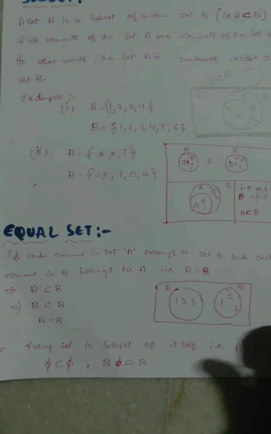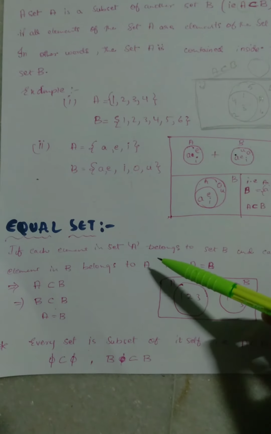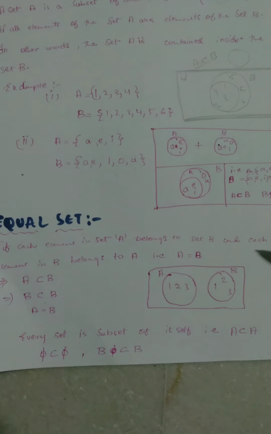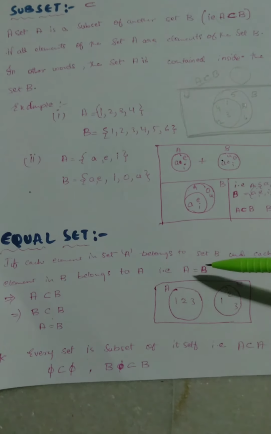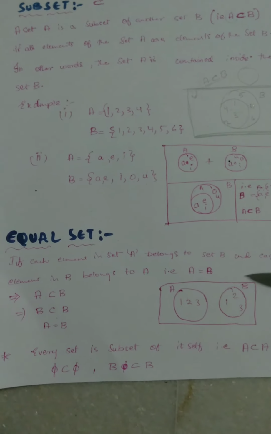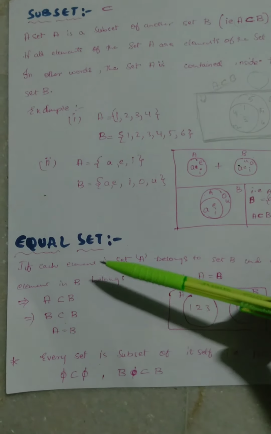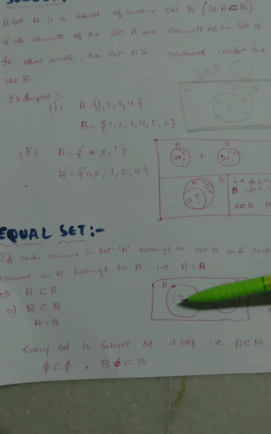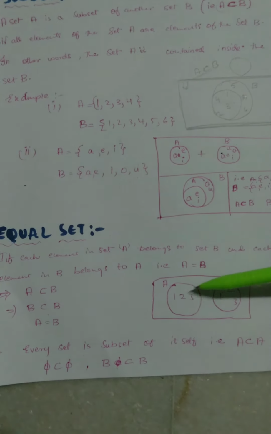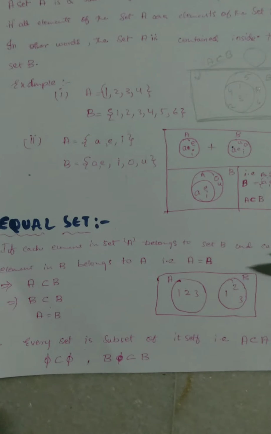Now, equal sets. If each element in set A belongs to set B and each element in B belongs to A, then A is equal to B. The elements of A are 1, 2, 3 and the elements of B are 1, 2, 3.